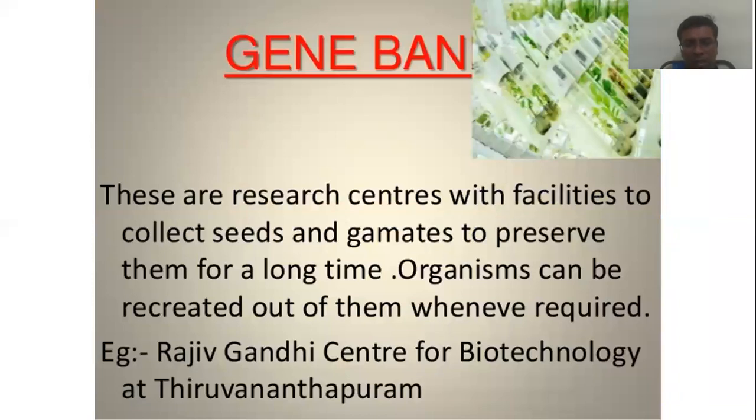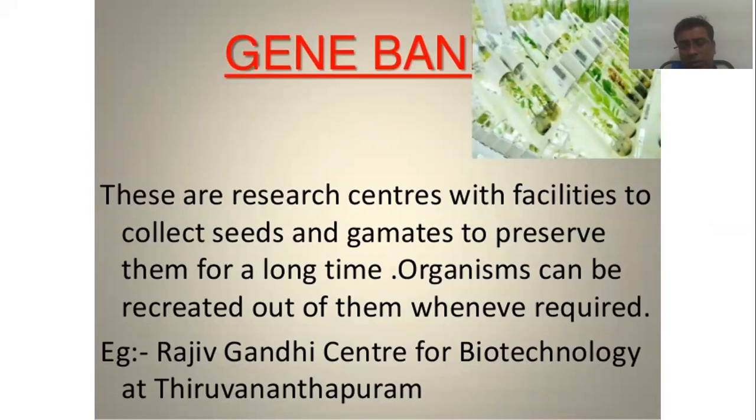These are research centers with facilities to collect seeds and gametes to preserve them for a long time. Suppose we are collecting seeds from certain rice varieties or certain types of crop varieties for a long time. Naturally it is not possible, but in artificial and laboratory conditions it is.